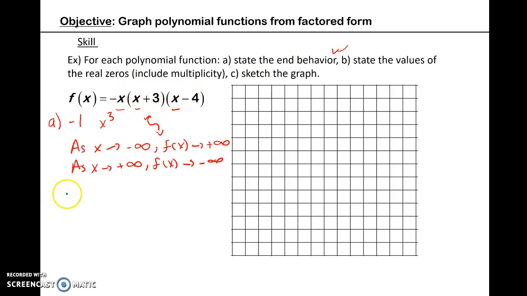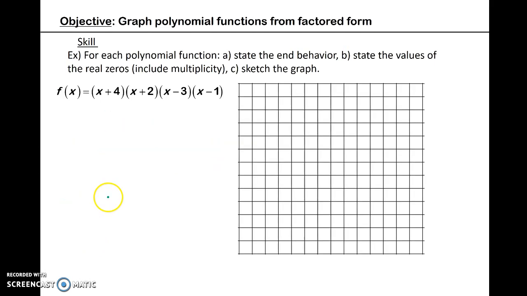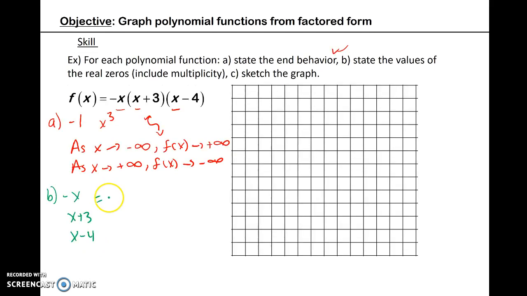So I have here, this is part B, I have -x, I have x plus 3, and I have x minus 4. What you're going to do is set each factor equal to 0, and you're going to solve for x.